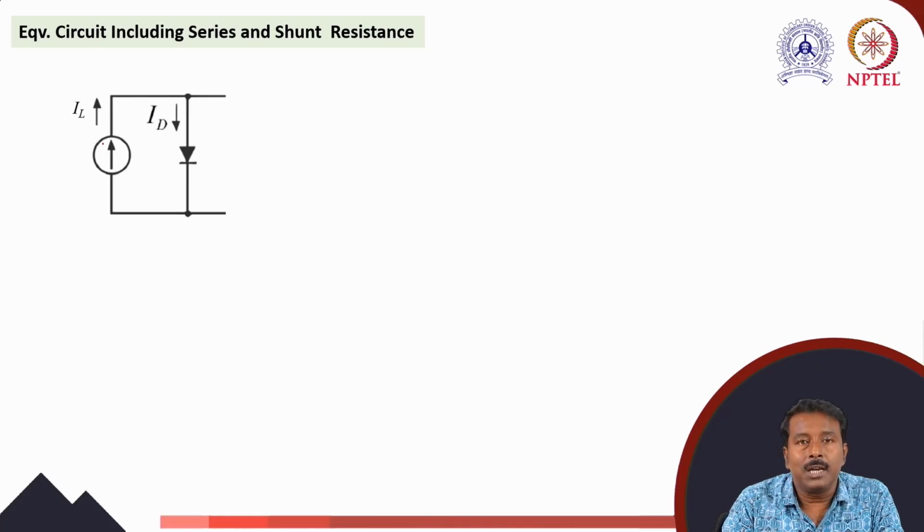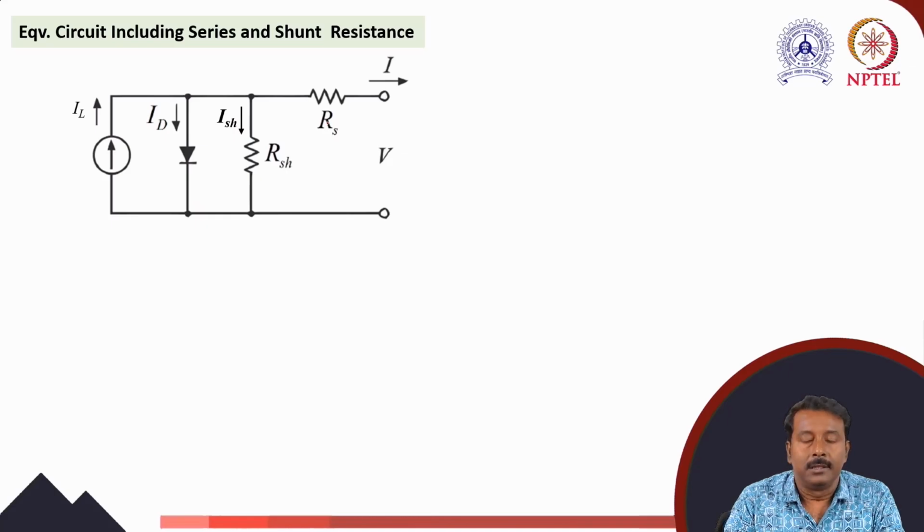So this was the ideal case, that is photocurrent minus dark current. But in addition to that, there will be components like this, RS and RSH.